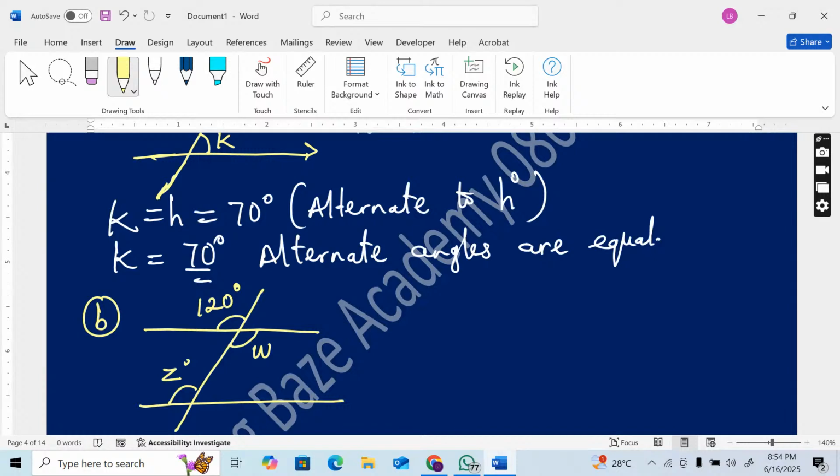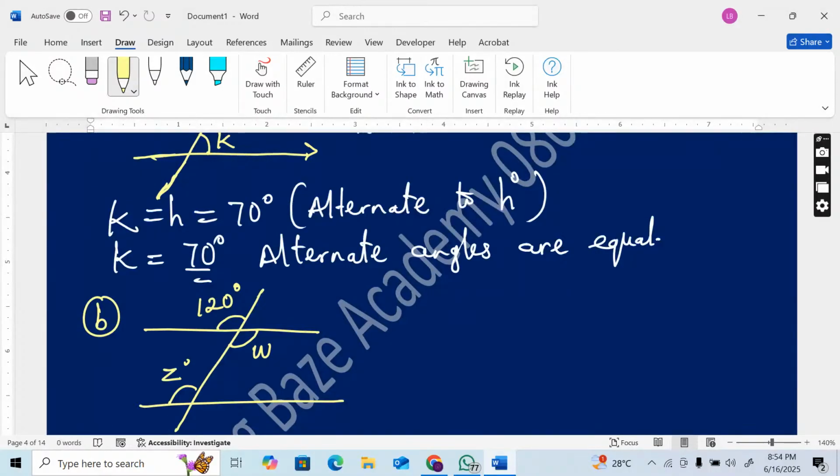I'm seeing so many wrong answers. Why should you subtract 120 degrees from 180? There is no angle sitting beside 120 degrees.